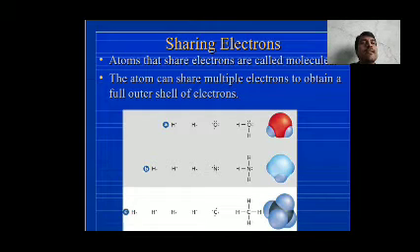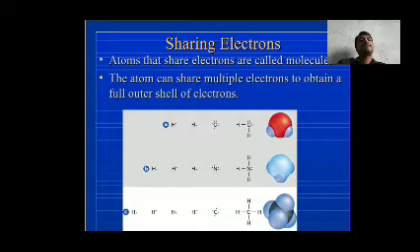Atoms that share electrons form molecules.